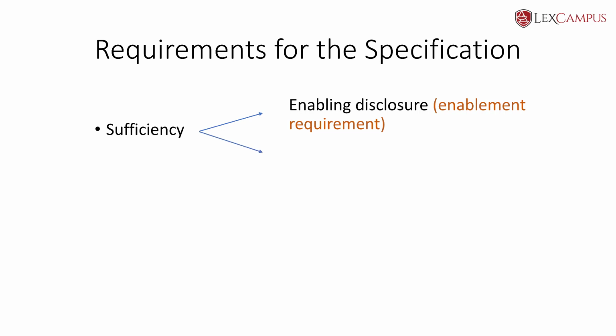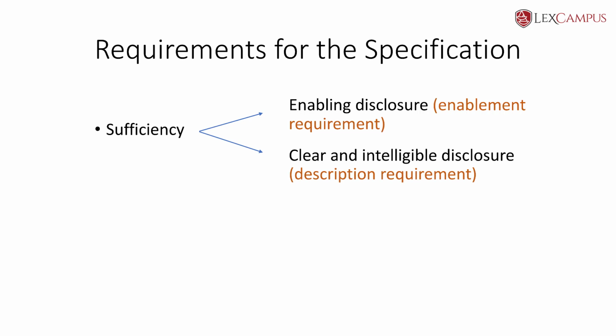The second part of the sufficiency requirement is that there has to be a clear and intelligible disclosure. The earlier part, enabling disclosure, would mean that whatever you have said enables a person to do your invention, to perform the invention. It's more like teaching. The second part is whatever you have described about the invention is clear and intelligible.